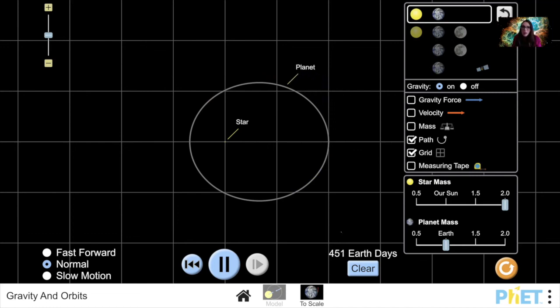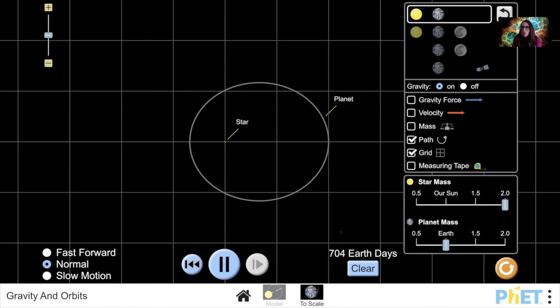So this orbit we see is much more elliptical than the orbit that we had for our own sun. And all we did was increase the mass of the star by 2. So this is again another example of Kepler's first law, that all planets orbit around a star in an ellipse, not a perfect circle.